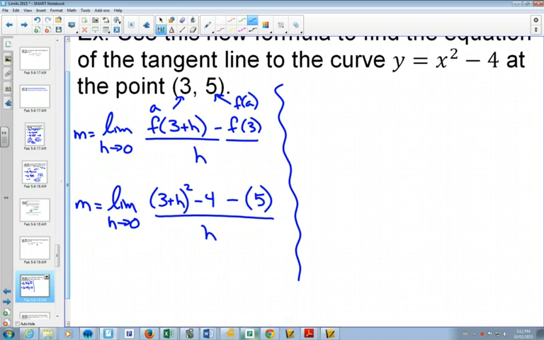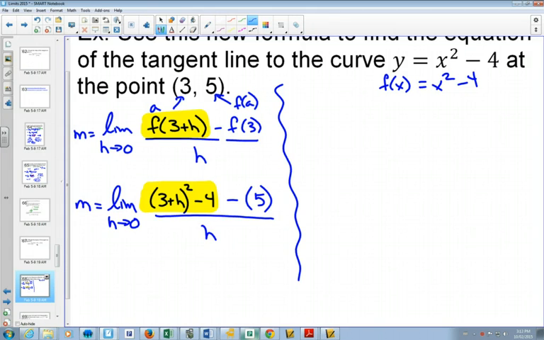So are you okay with the fact that f of 3 plus h is equal to this? Take a look at the equation. Might help over here if you think of this as f of x equals x squared minus 4. What have I done?